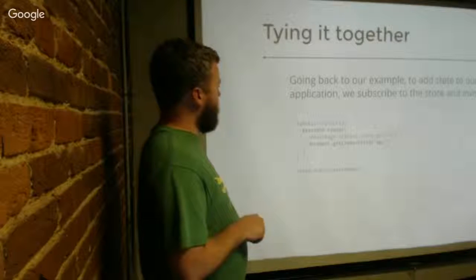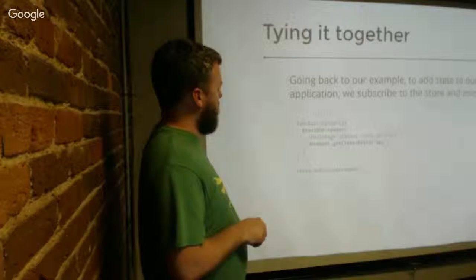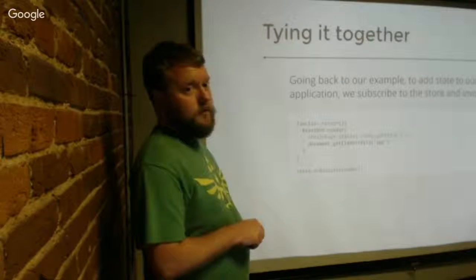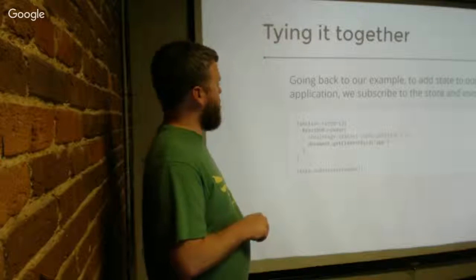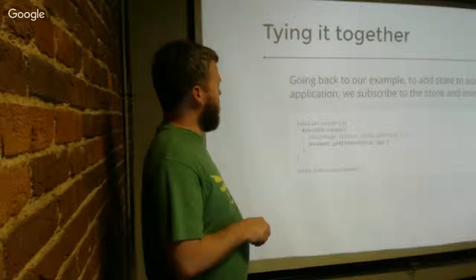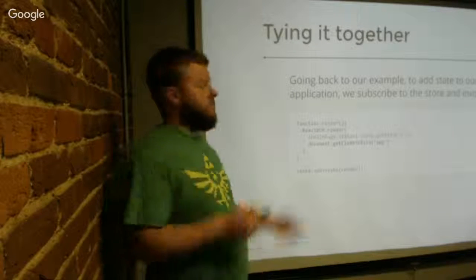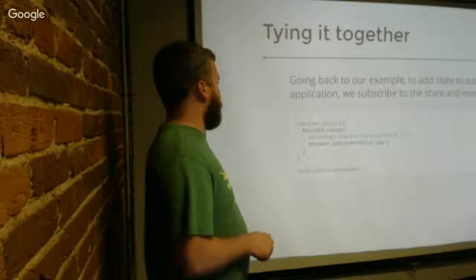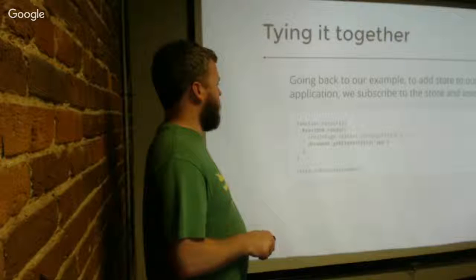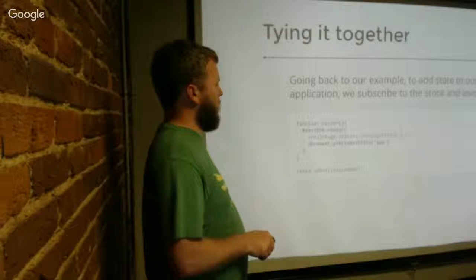So in this case, we've got a function that we're calling render, and that's where we're hooking the initial render. This is the root of our application, and we're saying state is store.getState. So, bam. Pretend like there's parentheses there.